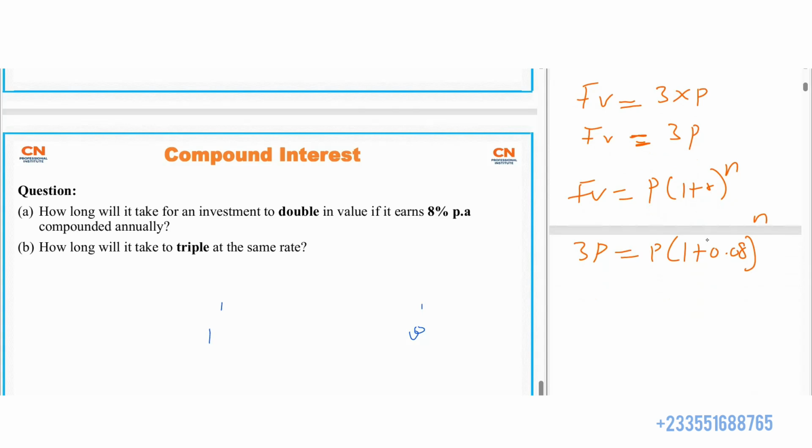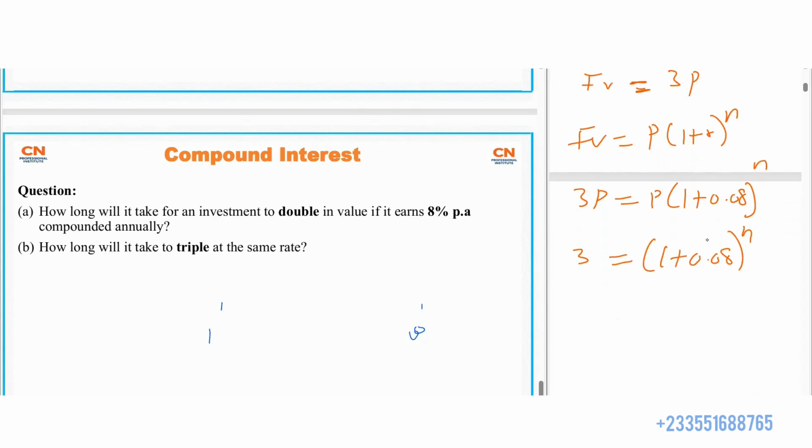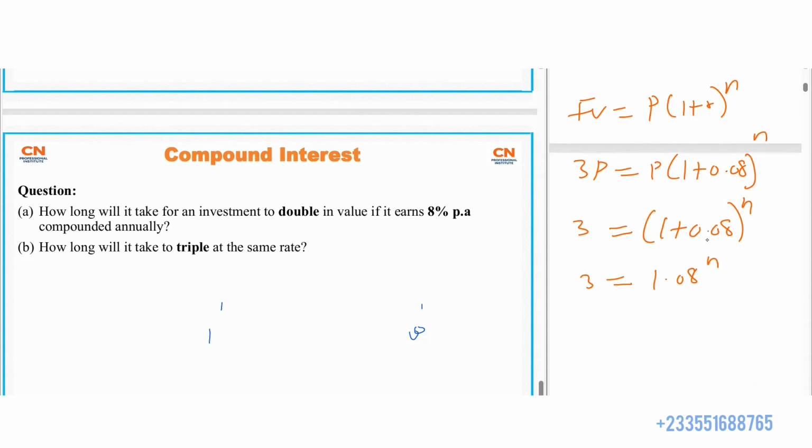If you divide both sides by p, the p will cancel p, leaving 3. Here the p will cancel p, leaving 1 plus 0.08 raised to power n. And then 3 is equal to, 1 plus 0.08 gives us 1.08, raised to power n.